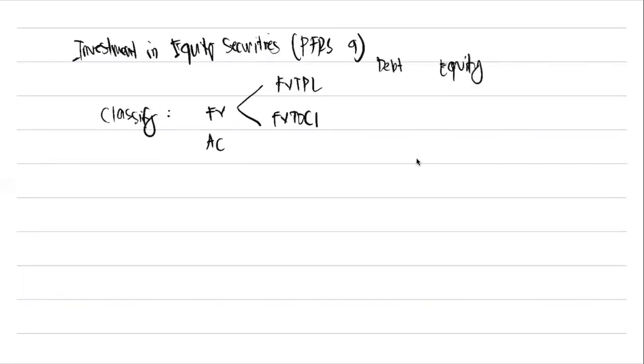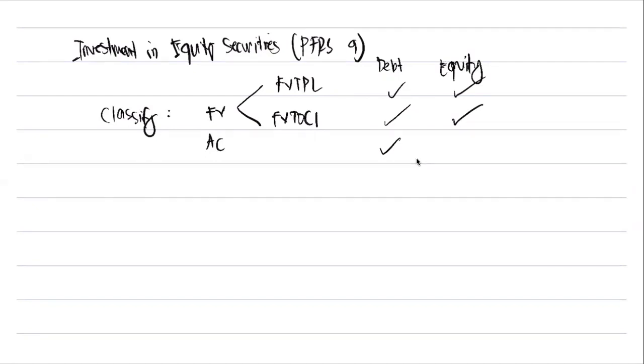For debt, FVTPL, FVTOCI, and amortized cost apply, while for equity, only FVTPL and FVTOCI apply. Why again? Because equity cannot be measured under amortized cost.